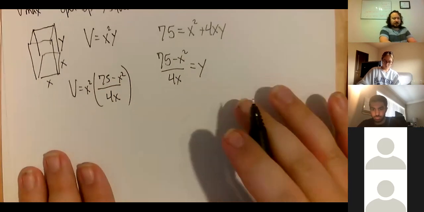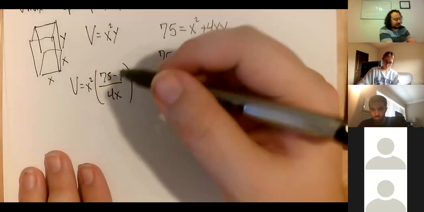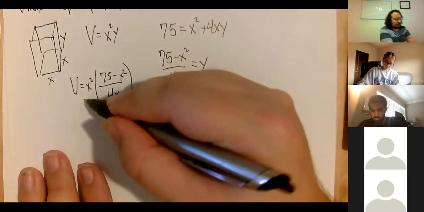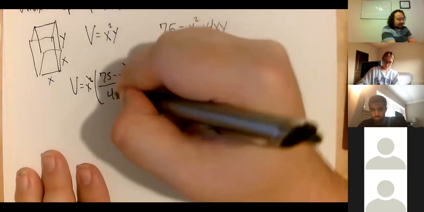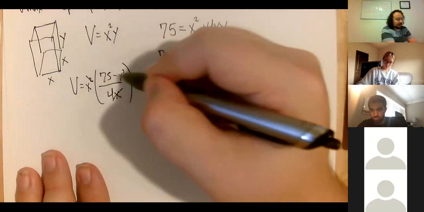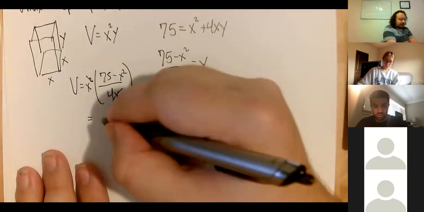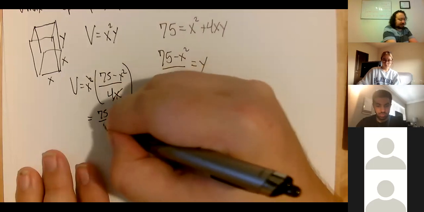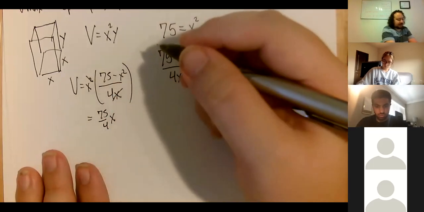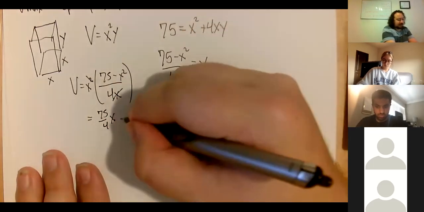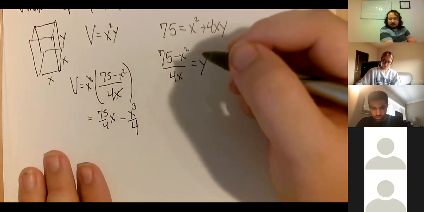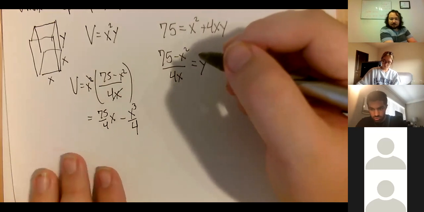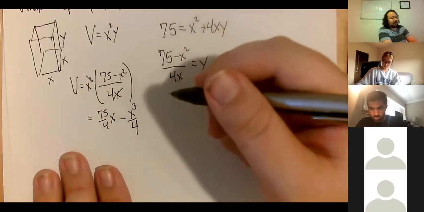Before I do the derivative, I'm going to simplify this. I'm going to move a 1/4 out, cancel these x's, and multiply the x through here. So we have 75 over 4x, and then minus x cubed over 4 right here.